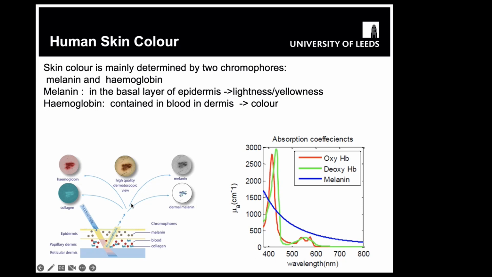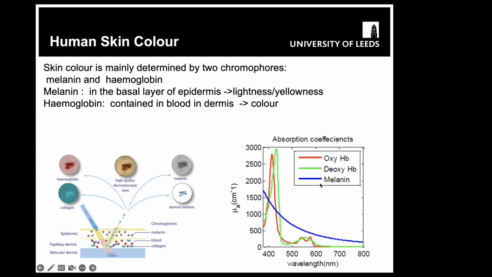This figure just indicates the different layers. Melanin and hemoglobin are actually in different layers of our skin, and as you can see, the hemoglobin is even deeper. The right figure shows the absorption coefficients.